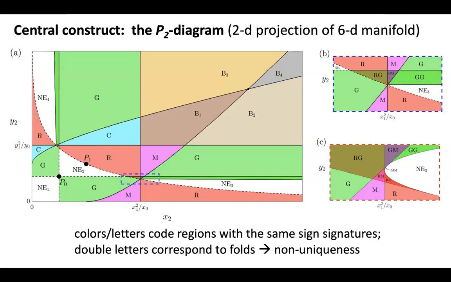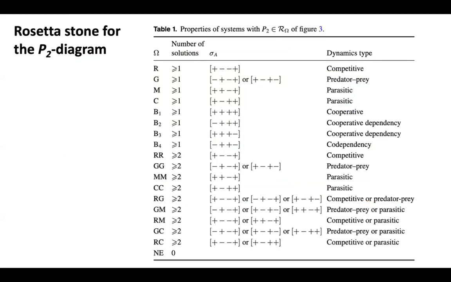Yeah. So we're really excited with being able to put this much information all together. We can prove a lot of the properties, but not all of them. And so one paper kind of sets up this construct and talks about the numerics and explains this diagram in detail. And then the other one has more of the proofs of what we can prove about this thing. So yeah, as I mentioned, the color codes correspond to different sign signatures and so on.